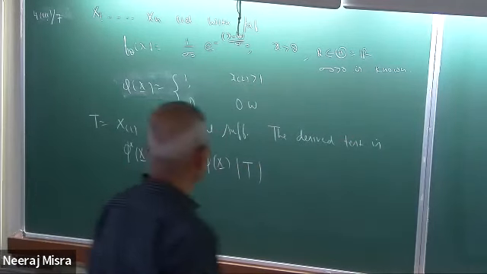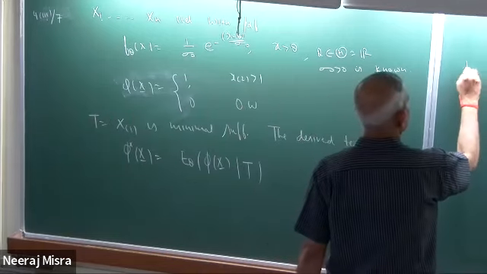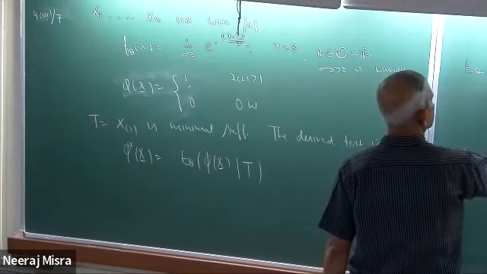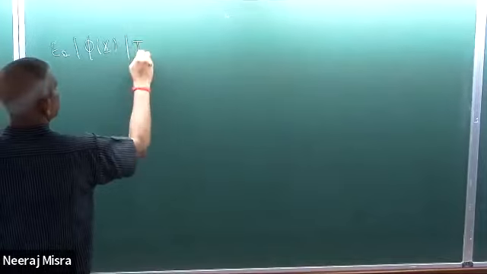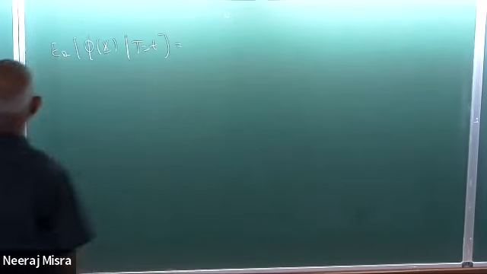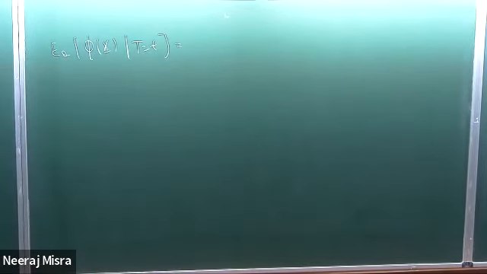So let's find the expected value of phi x given T equal to t. The expected phi x is the same as the probability that X2 is bigger than 1 given that X1 is equal to t.